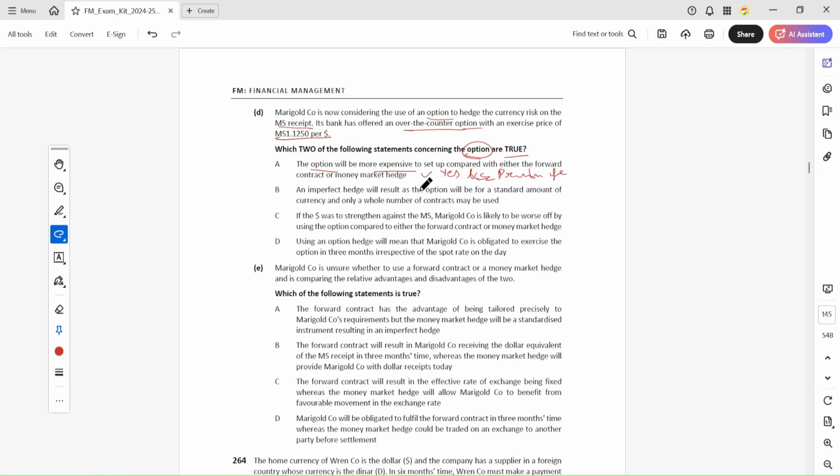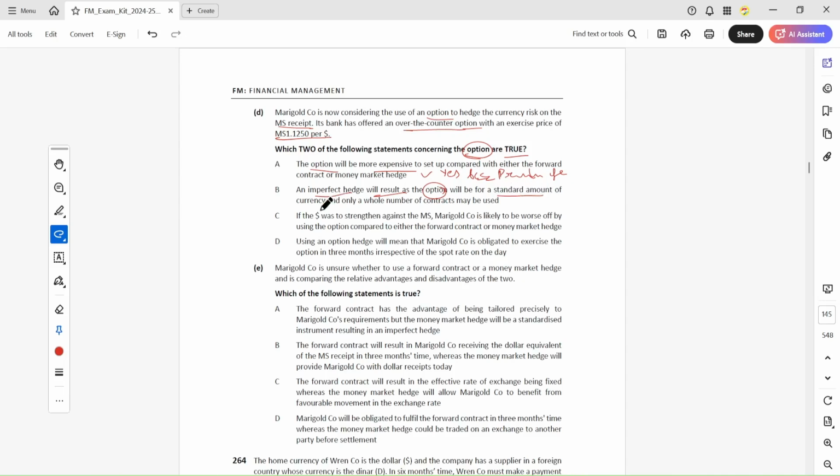An imperfect hedge will result as the option will be for a standard amount of currency, and only a whole number of contracts may be used.